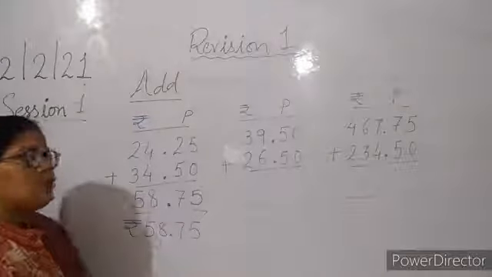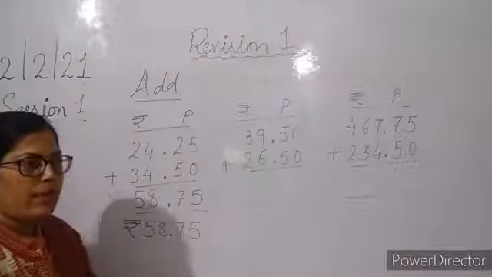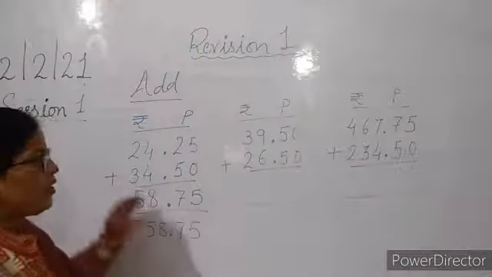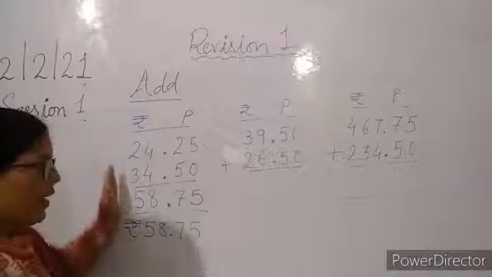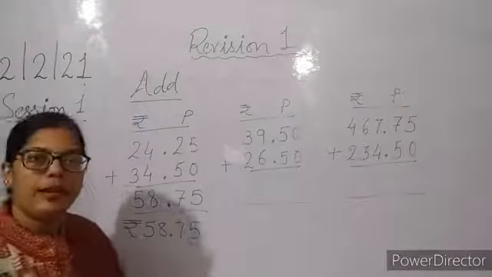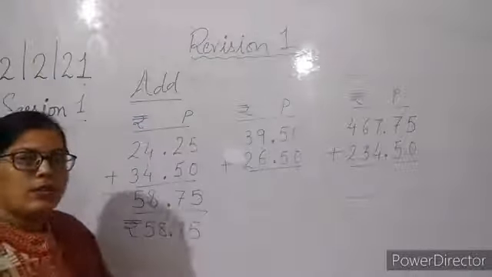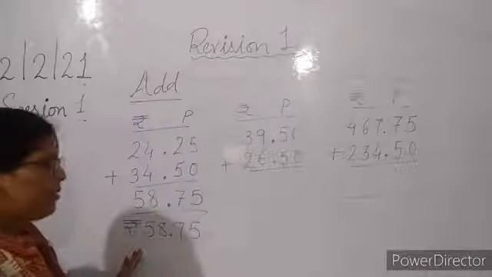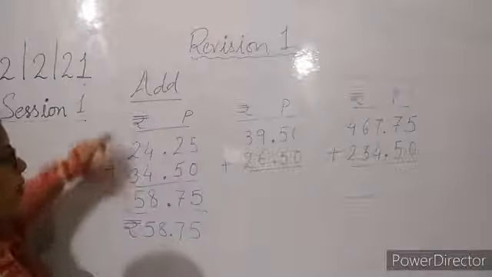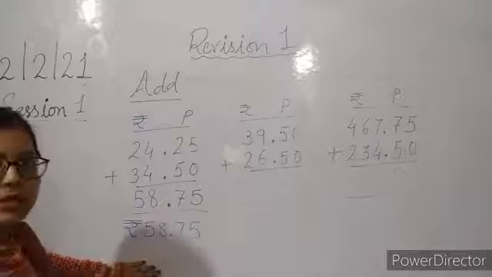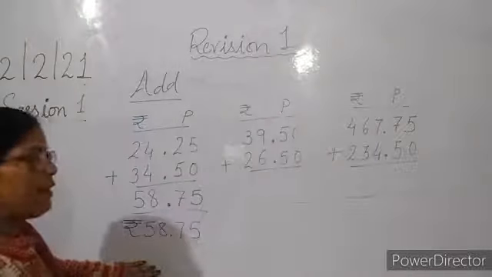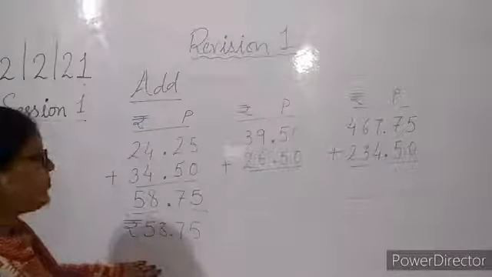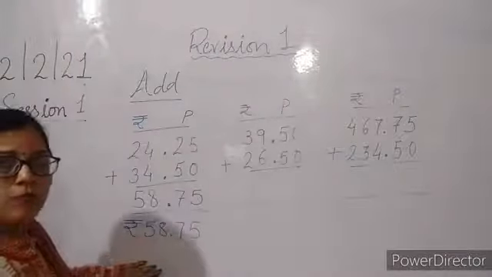Now if such questions are asked in your exam, in which you need to add, subtract, multiply or divide, you need to show the solution. That means you have to copy down this whole question properly in your answer sheet. Be careful while copying the numbers, because many times it happens that you copy wrong numbers.